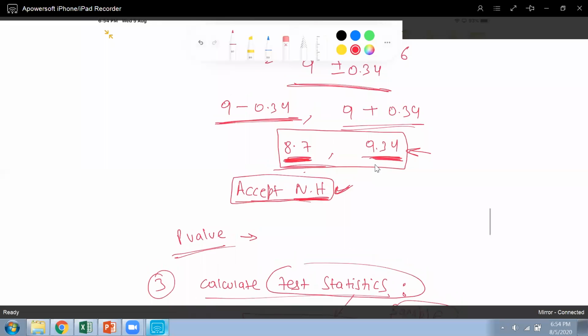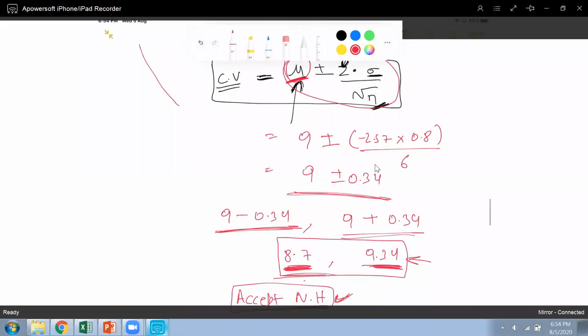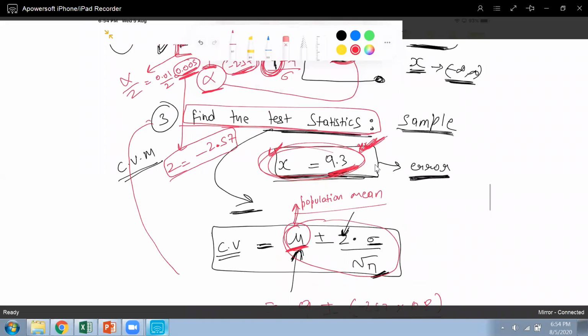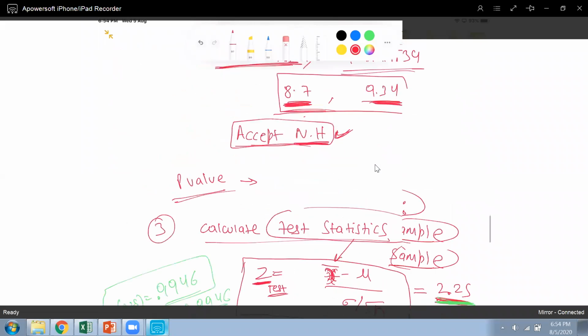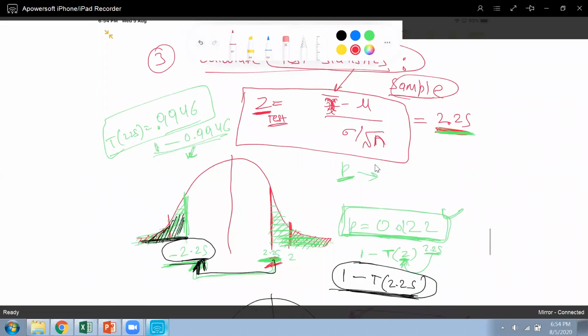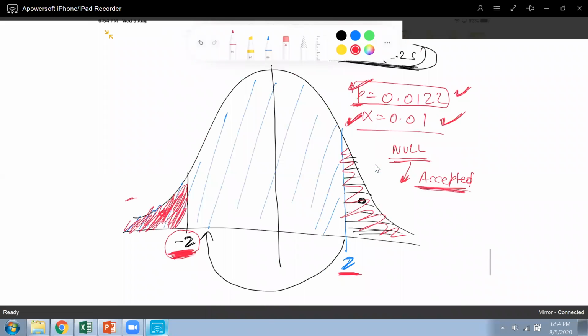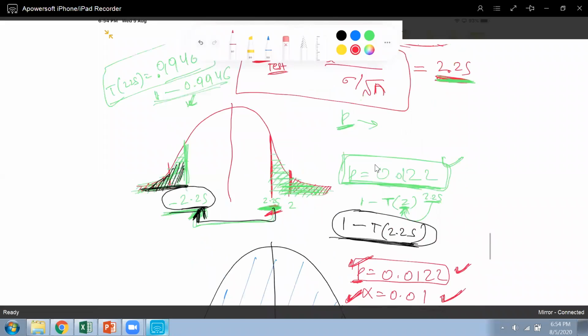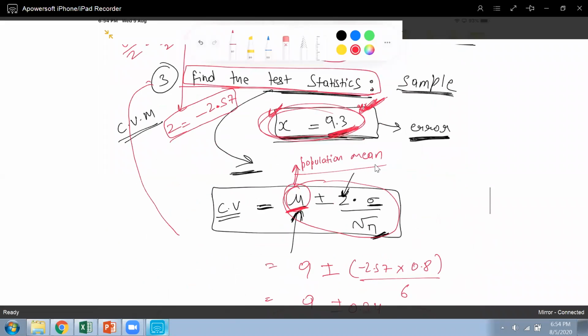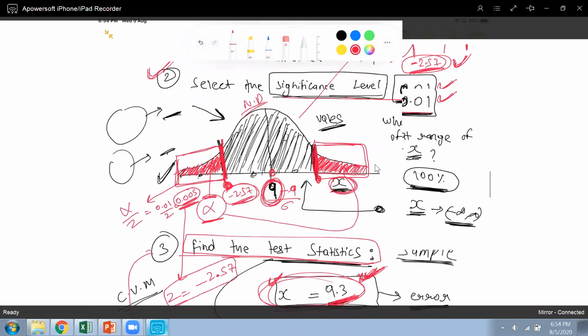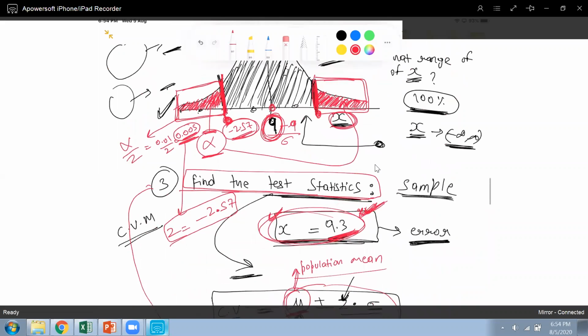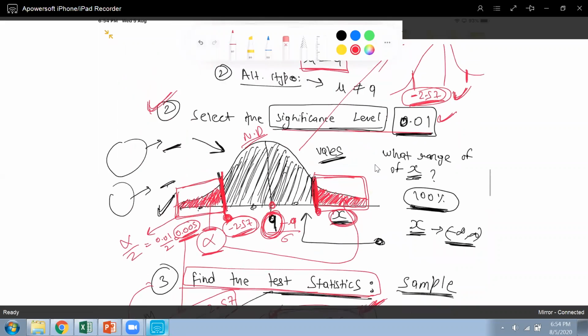One method is using the critical values method, and another method is using the p-value method. I hope you have understood both the methods. In one method, we find the critical value in the second step.